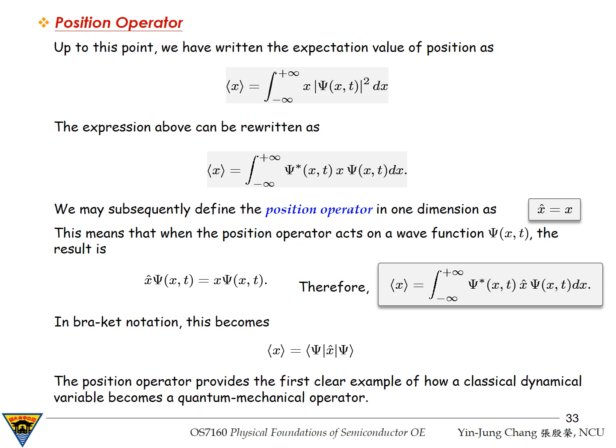So the position operator gives us our first clear example of how a classical dynamical variable becomes a quantum mechanical operator. In classical mechanics, position is simply the coordinate x. In quantum mechanics, the corresponding observable is represented by the operator x hat, which acts on the wave function by multiplication.